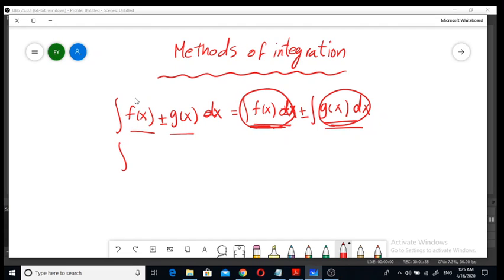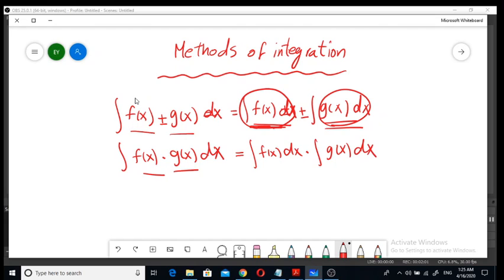For example, if we need to integrate a product of two functions, f of x times g of x, and we distribute the integral this way, actually this is totally wrong, because the integral of f of x times g of x is not equal to the integral of f of x dx times the integral of g of x.